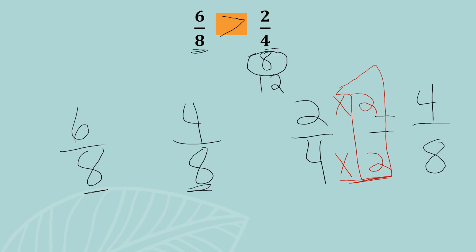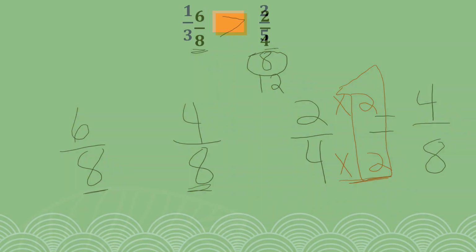Try another one. And I know most of us, we like the butterfly method for comparing fractions. However, as you get ready to go into adding and subtracting fractions, you can't rely on the butterfly method.